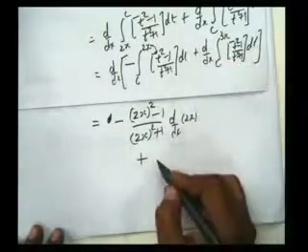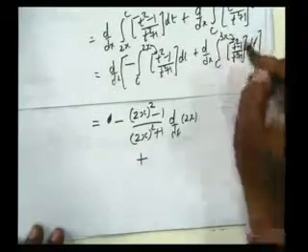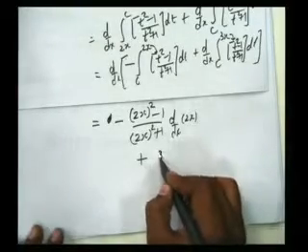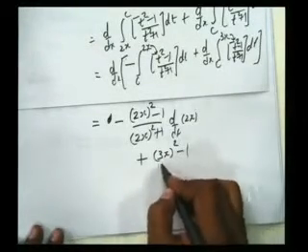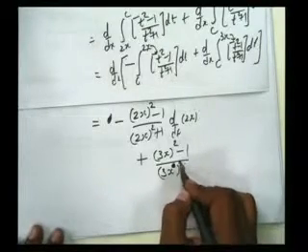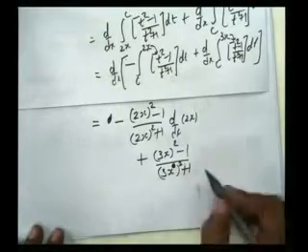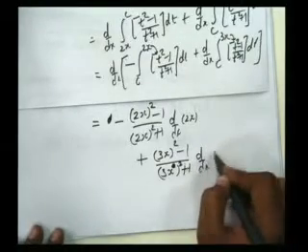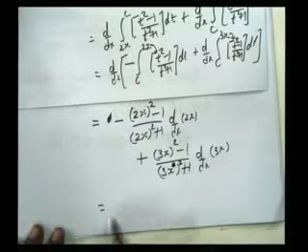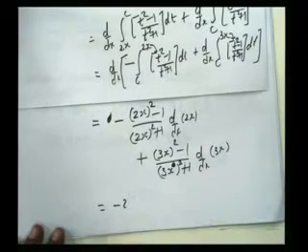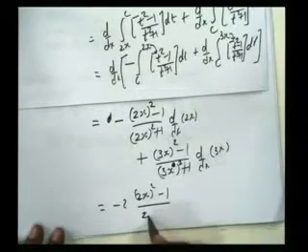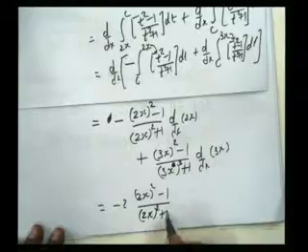for the second part, this t is replaced by 3x. That's why 3x square minus 1 divided by 3x whole square plus 1, d by dx of 3x, and so the last result is minus 2x square minus 1 over 2x square plus 1.